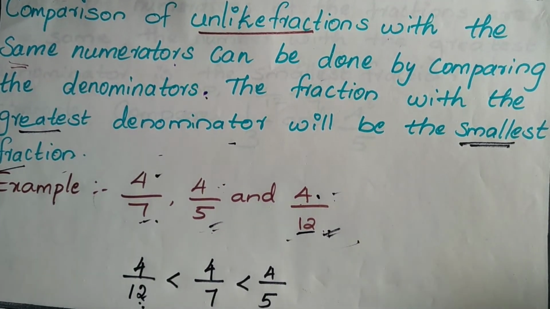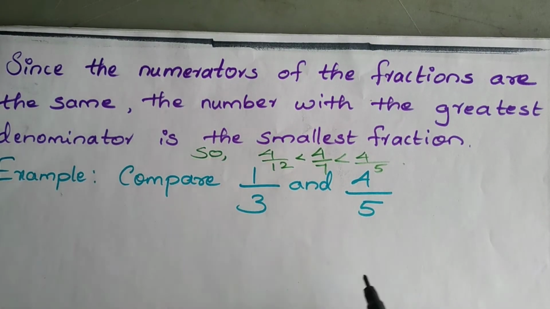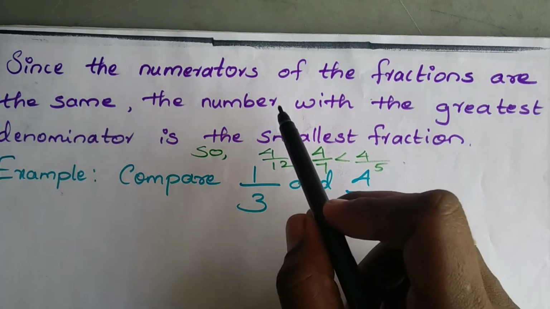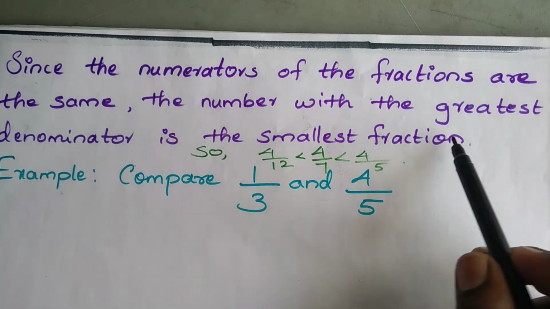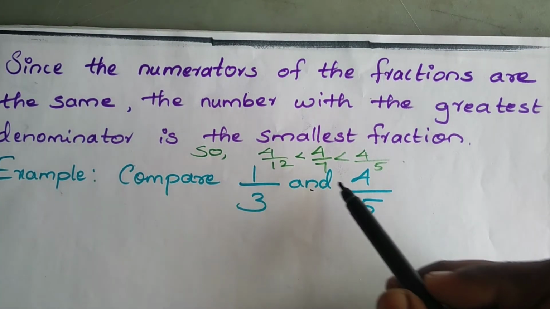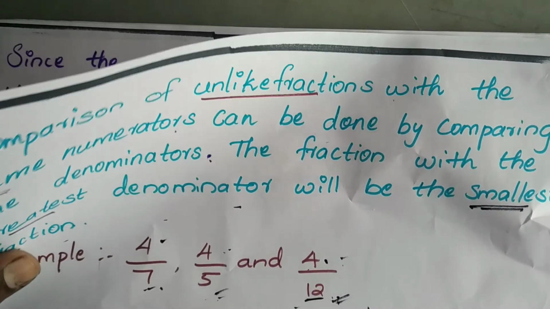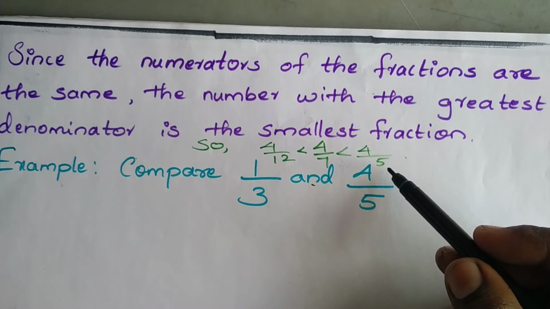Don't get confused, my dears. Since the numerators of the fractions are the same, the fraction with the greatest denominator is the smallest. So 4 by 12 first, so 4 by 12 is less than 4 by 7, less than 4 by 5.